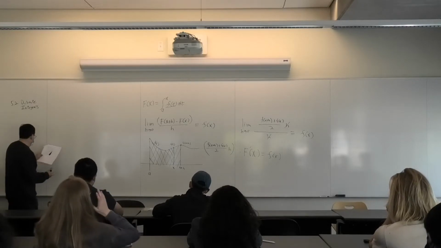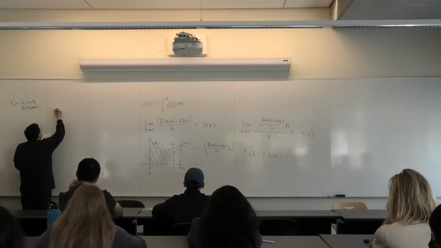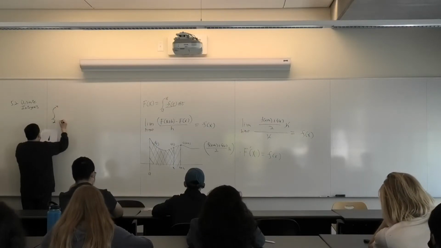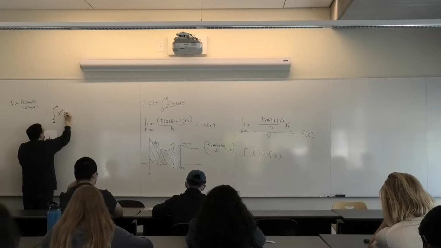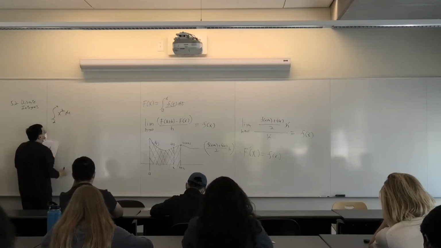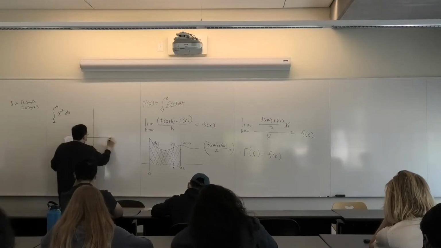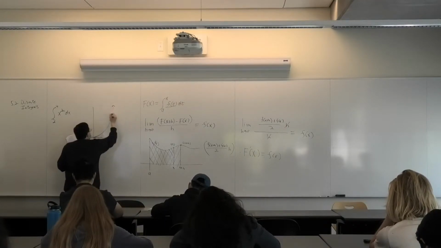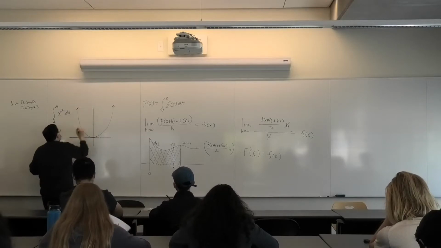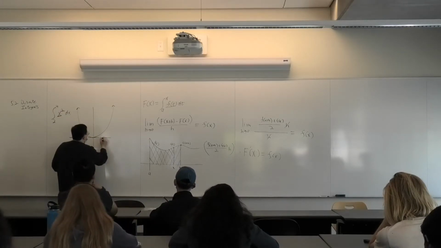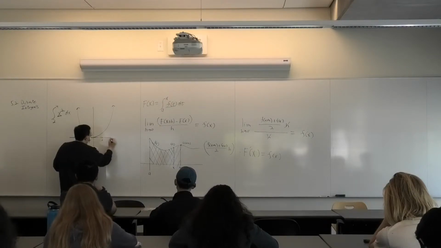So, starting example, let's try and find the integral from 2 to 4 of x squared dx. So what do I mean by that? I have a parabola. It's my x squared, my function. And I pick 2 points, 2 and 4.